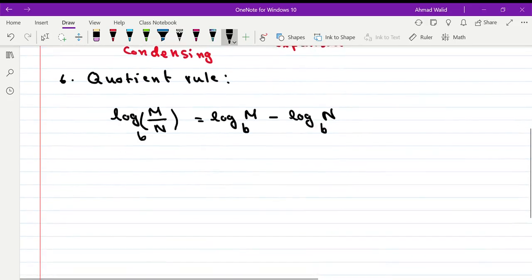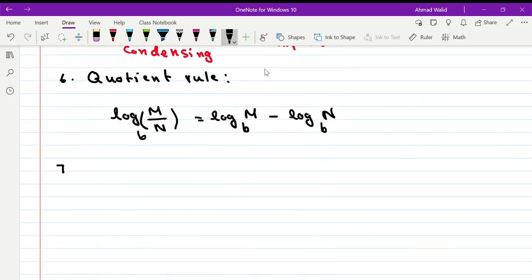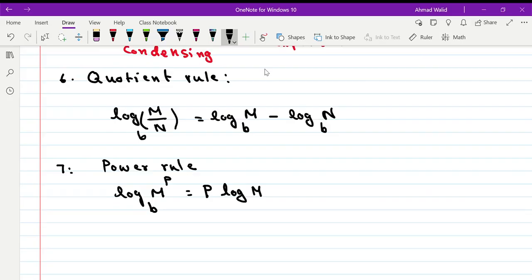Rule number 7, power rule. If you have log of a number m to the power of p base b, p comes to the front of the logarithm, and you can write it as p log of m base b.